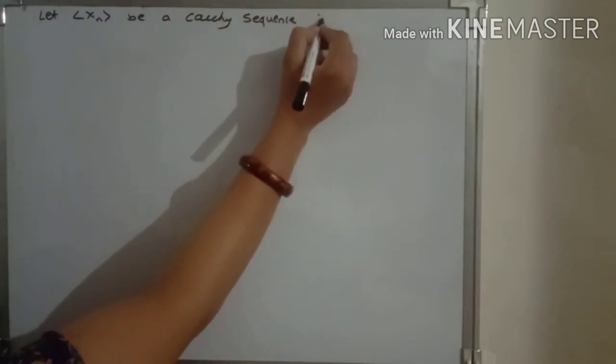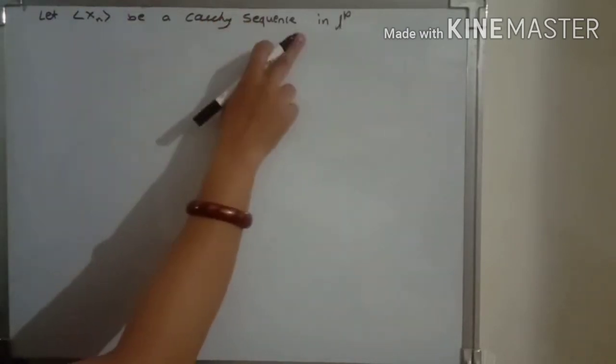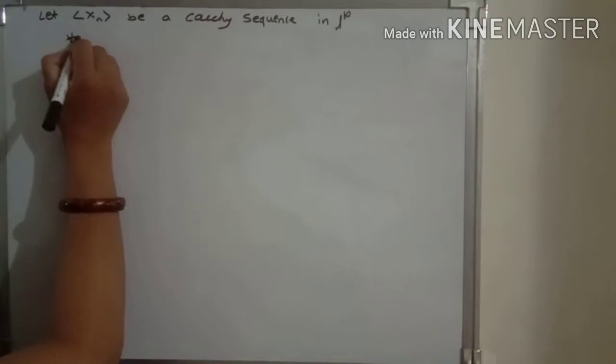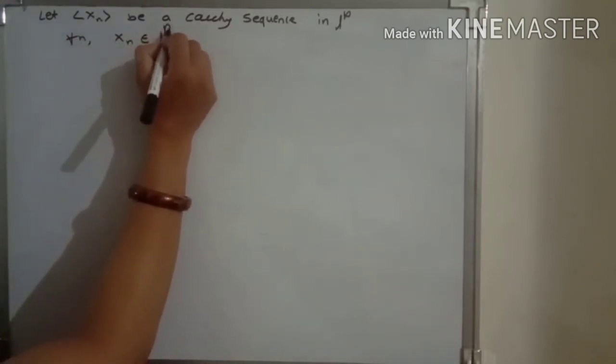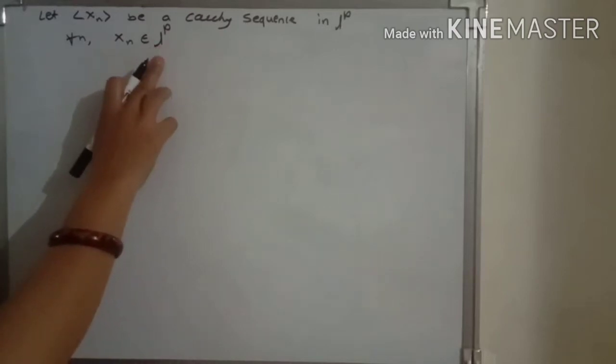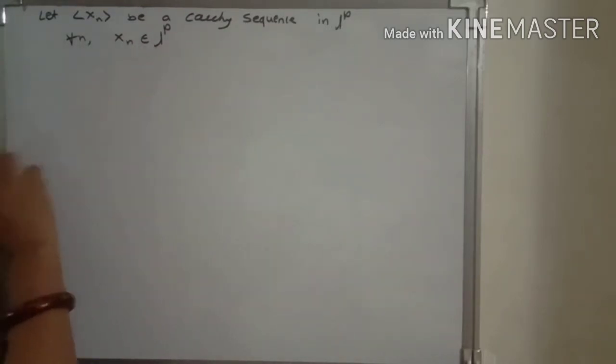in LP. As it is a Cauchy sequence in LP, that means for each n, xn is an element of LP, and LP is a sequence space. So every element in LP is a sequence.